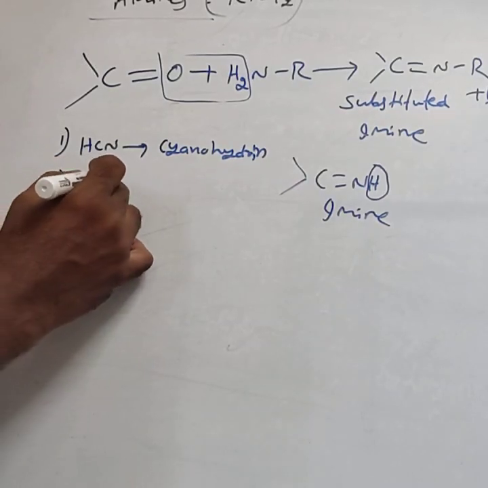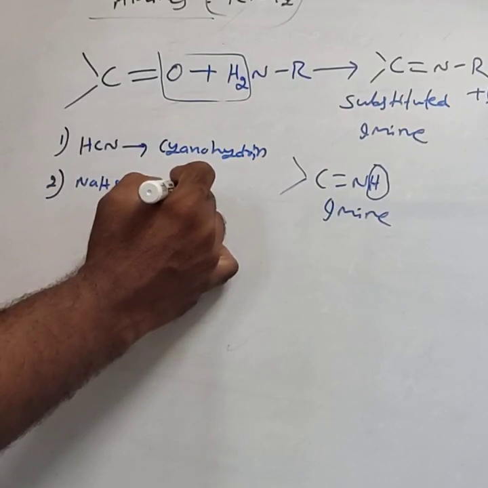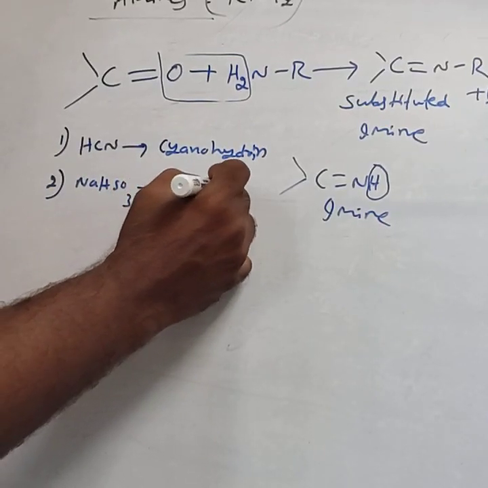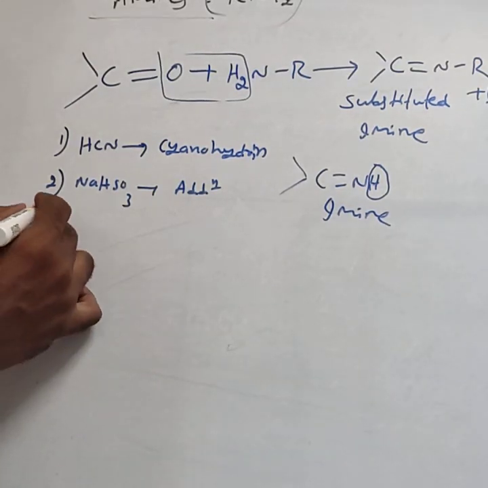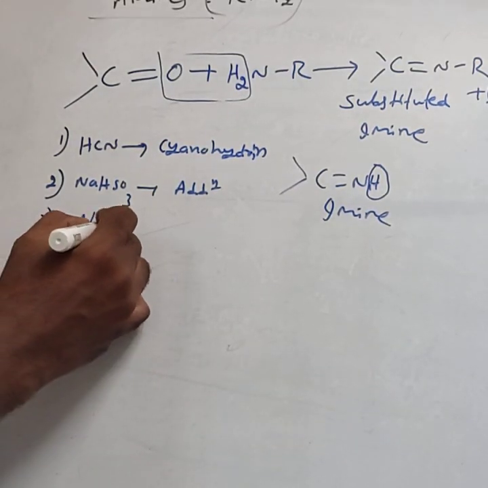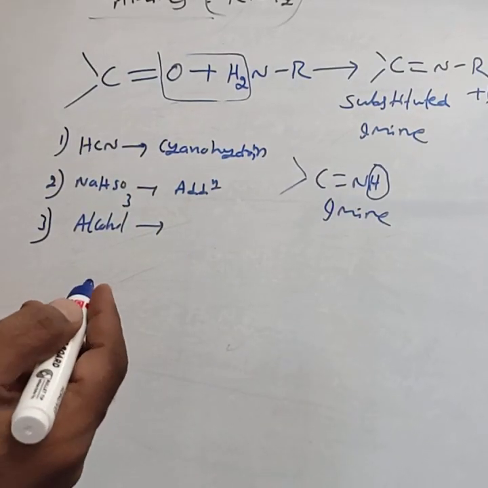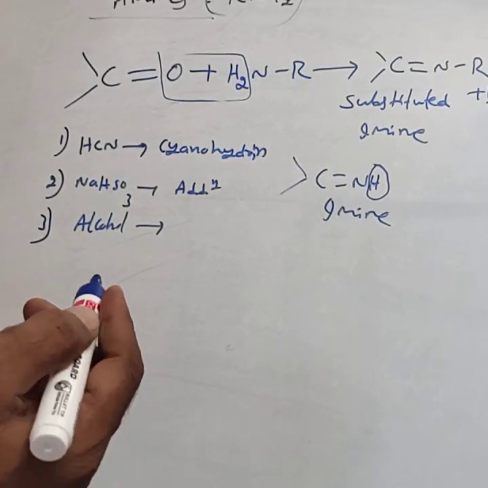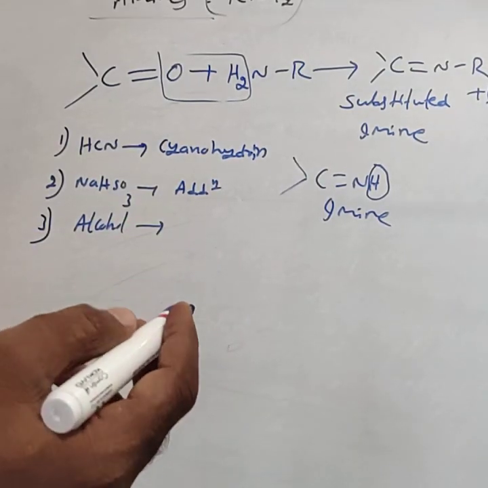With sodium hydrogen sulfite, you get a white solid addition product. The addition product of sodium bisulfite is formed. Then with an alcohol, you get a hemiacetal, acetal and ketal. Aldehydes form hemiacetal and acetal.